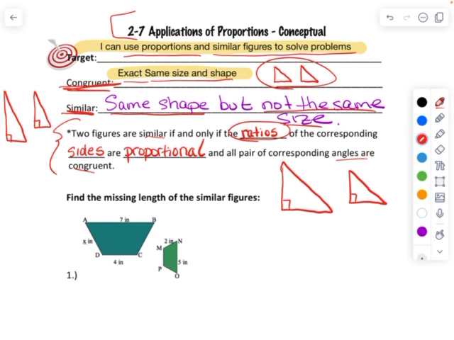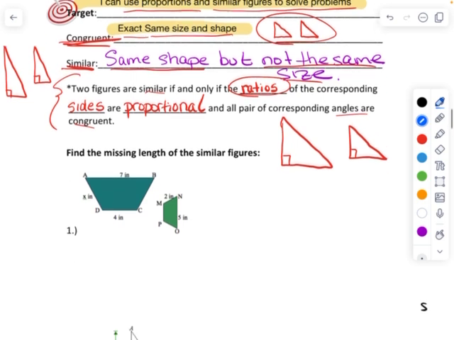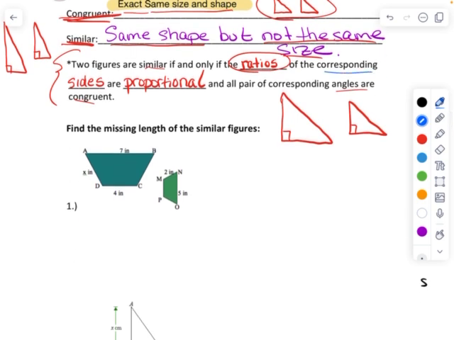These figures would be considered similar if the ratios of the corresponding sides are proportional. Remember, proportional means, for example, 1/2 is proportional to 2/4, because when I cross multiply, I get 4 = 4. What we need to do is focus on corresponding sides in these triangles.